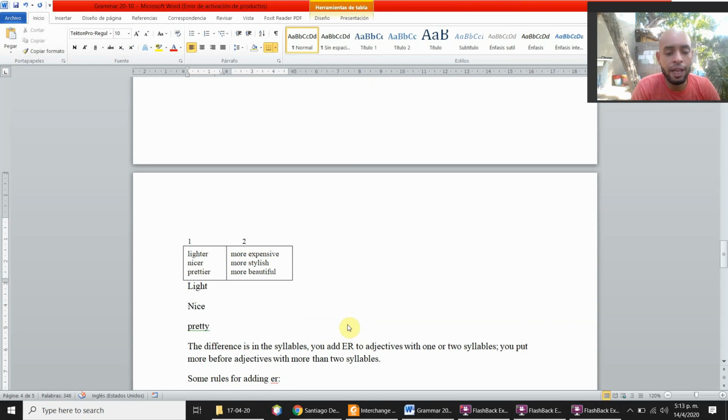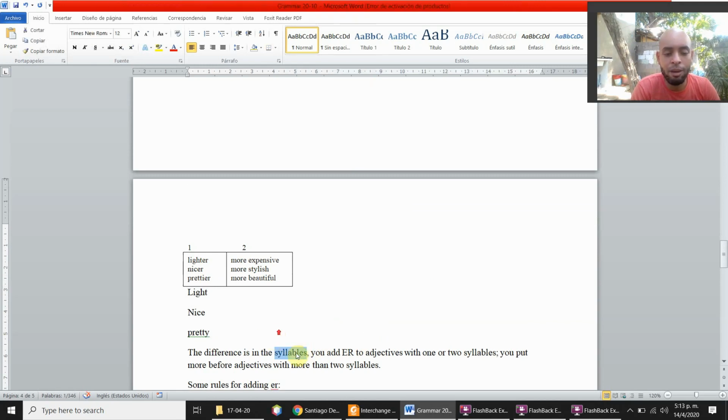So the difference is in the syllables that the word has. You add ER to adjectives with one or two syllables. You put more before adjectives with more than two syllables.